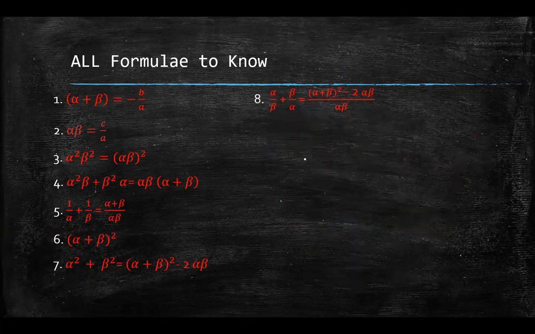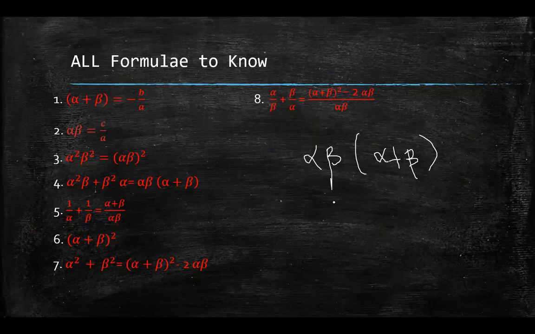Now that we have alpha beta and alpha plus beta, we know how to find alpha beta, and we know how to find alpha plus beta too. So it's easy to do that now. Don't worry, if you don't understand now, I will show you on the next slide. I just need to go through all these.